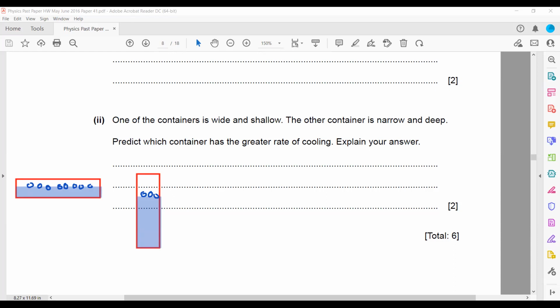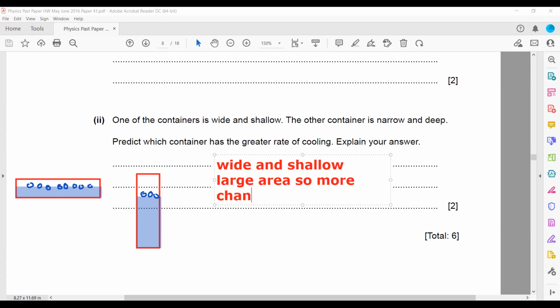The rate of evaporation will be faster because there is a greater chance for the molecules to escape. So wide and shallow, because large area, more chance for molecules to escape.